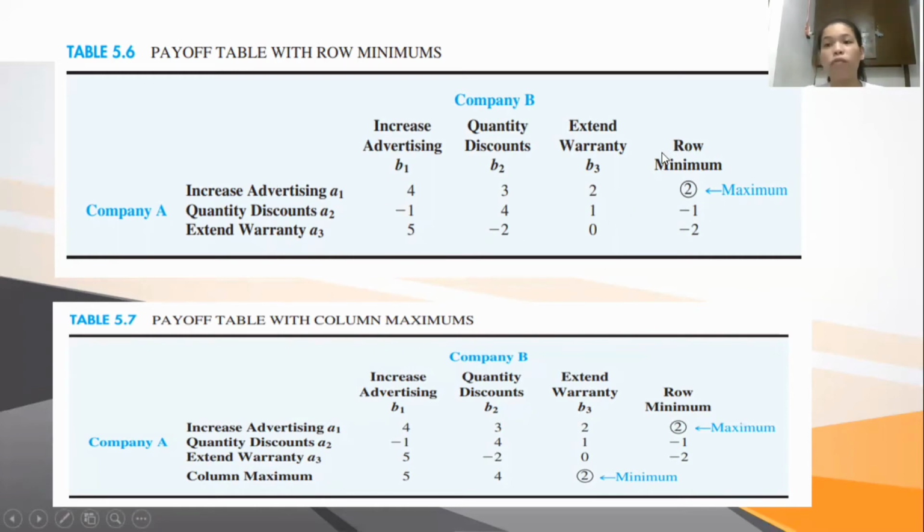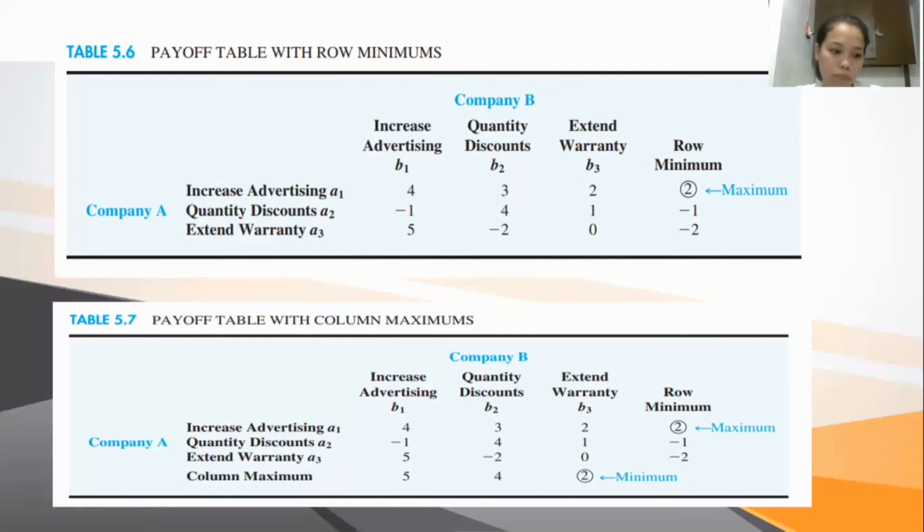After identifying all the minimum values of each row for each strategy, the result is that strategy 1 will have an increase of market share to company A of 2%. Strategy 2 will have a decrease of 1% to the market share of company A, while strategy 3 will have a decrease of 2%.